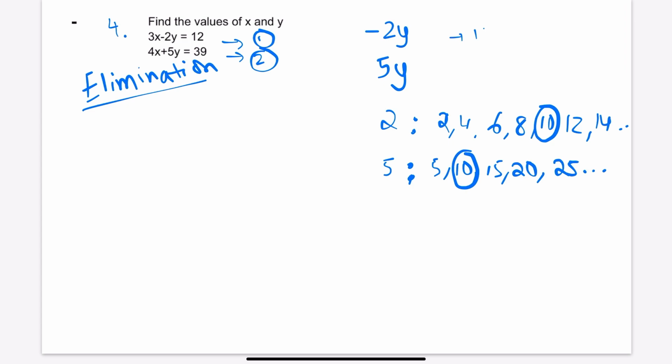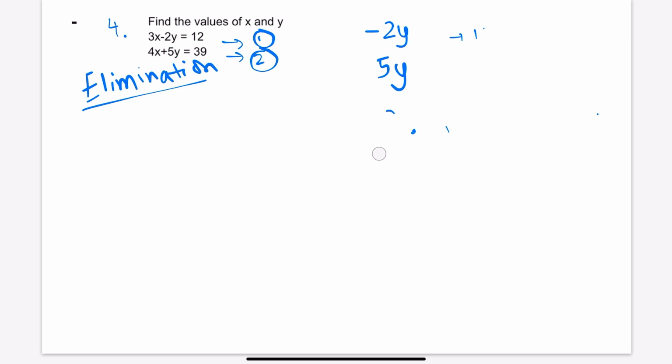So what I'm going to do is make both of these y terms have a coefficient of 10. From 2 to 10, I have to multiply the first equation by 5, and from 5 to 10, I have to multiply the second equation by 2.